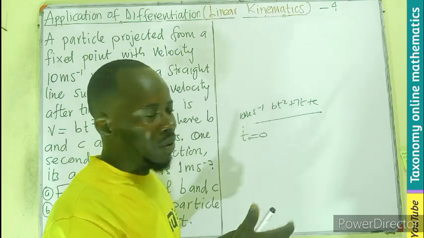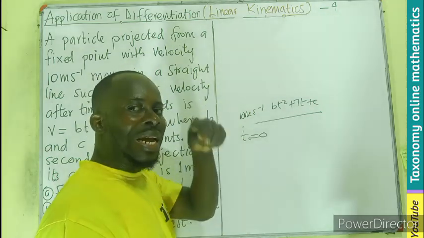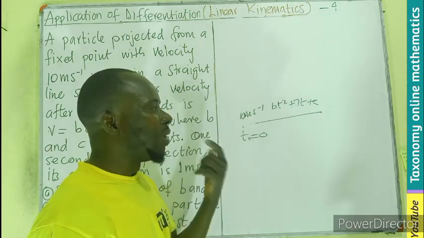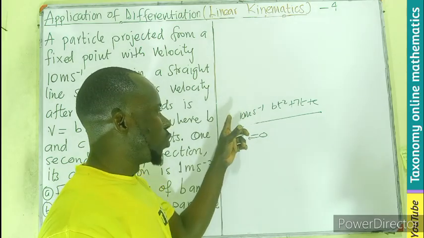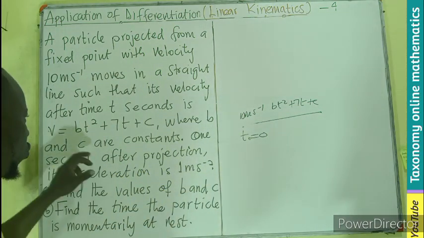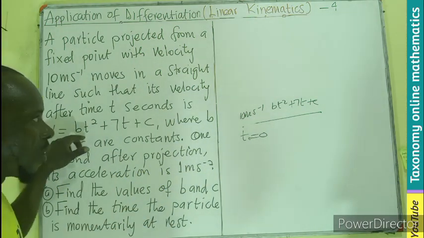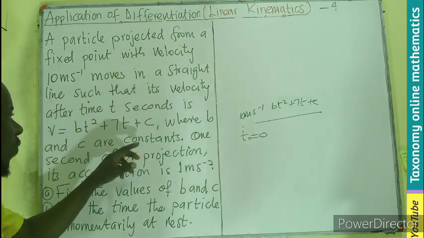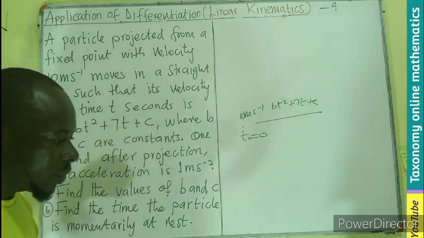If the time is 0, then the velocity at that time is 10 meters per second. So we can use this to substitute into the equation for the velocity to find the constant.